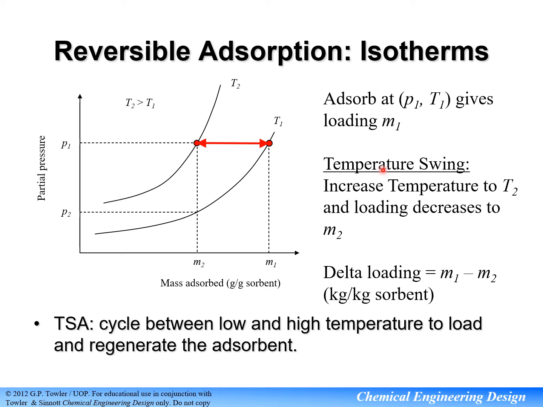For temperature swing, the working principle is that the temperature is increased from T1 to T2 and the loading decreases from M1 to M2. So the delta loading is the same, M1 minus M2. The working principle for TSA is that the cycle is between low and high temperature. This cycle helps to load and regenerate the adsorbent.